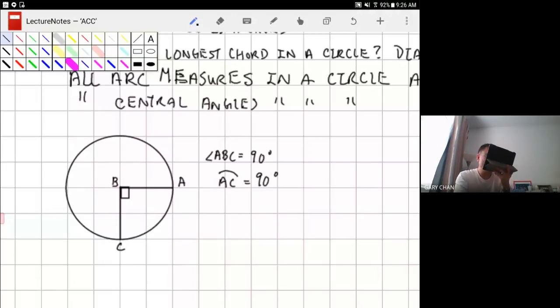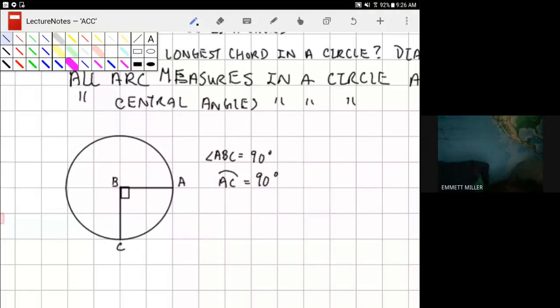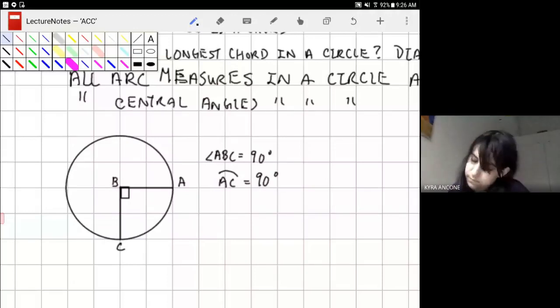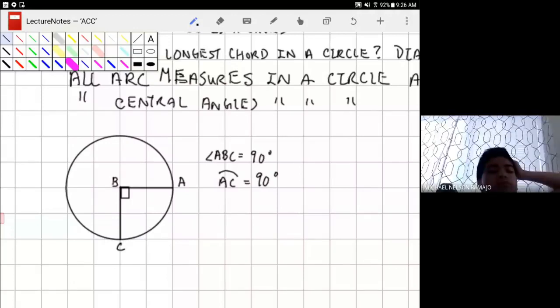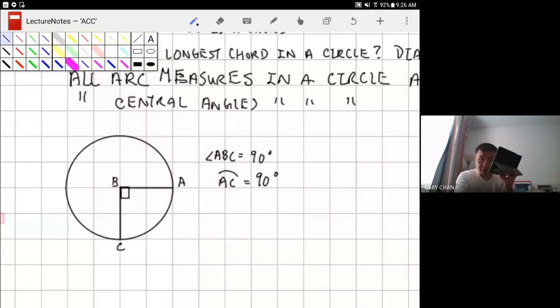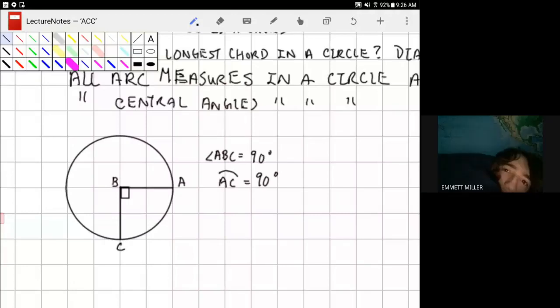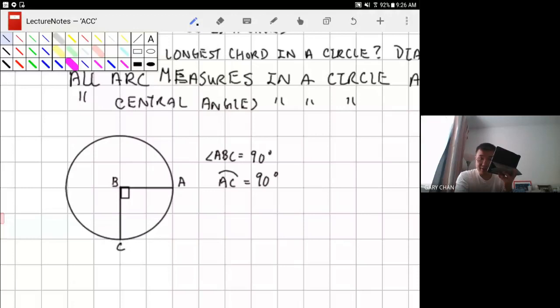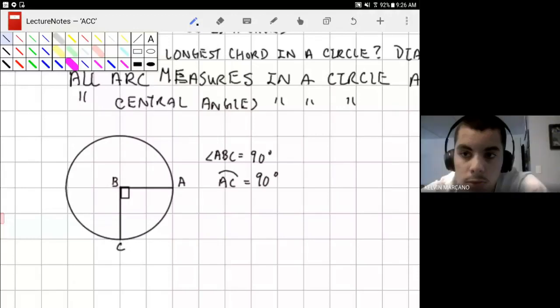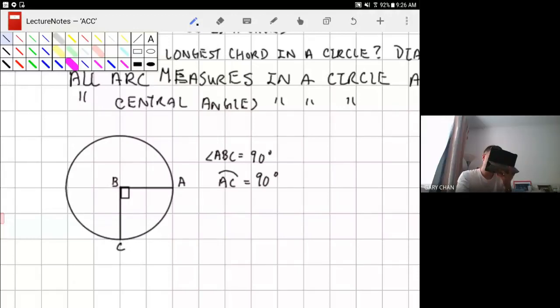Kelvin, are you guys okay with this? Are you guys clear with that idea that was just brought across? So the central angle and the arc measure, what's the conclusion then? From the central angle, it's the same.